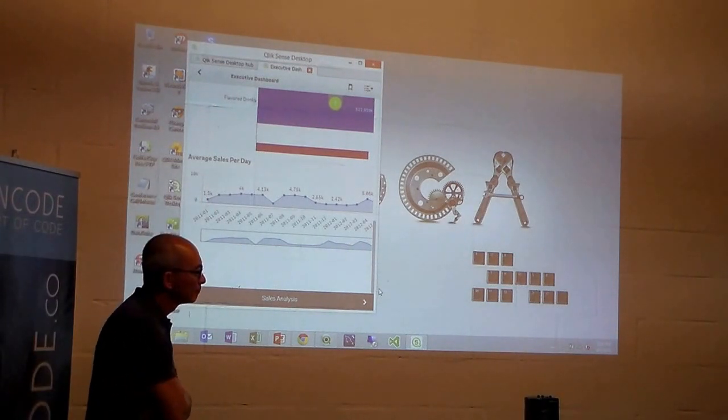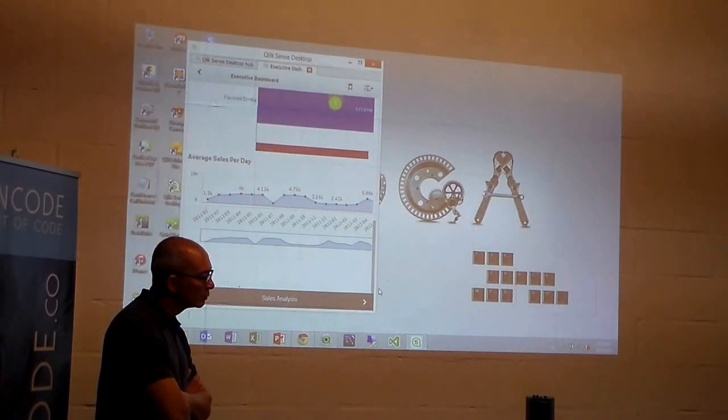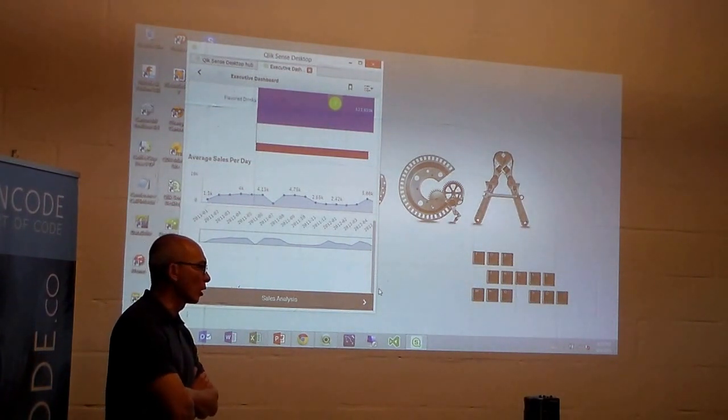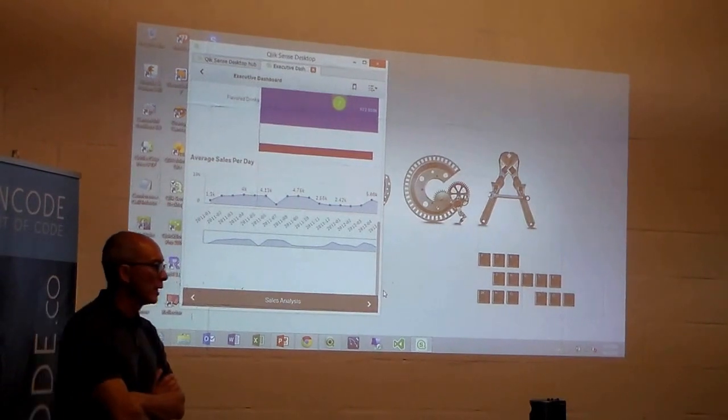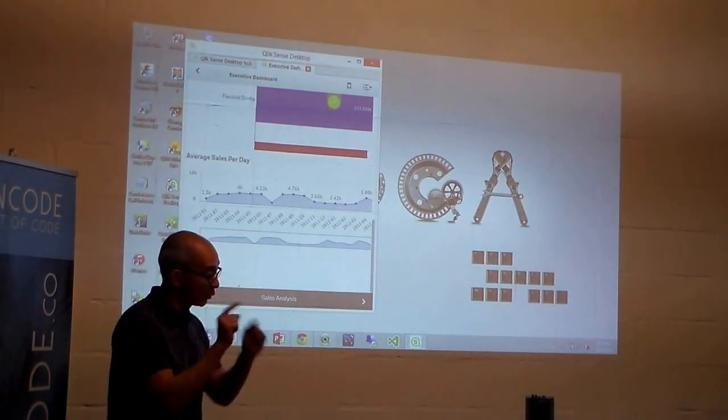Question. So let's say you're in QlikView, going through the interactive process of looking at data, and you find a view that you like. You want to look at this view in the future as well. Is there a way to save it? It's called a bookmark. You can bookmark it, and basically you can do collaboration also. With QlikView or QlikSense, you can bookmark it and then annotate it.